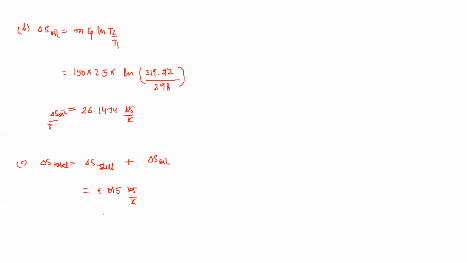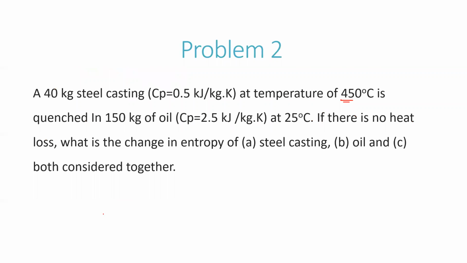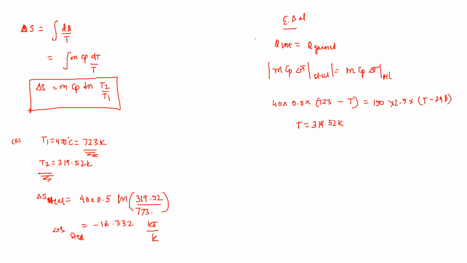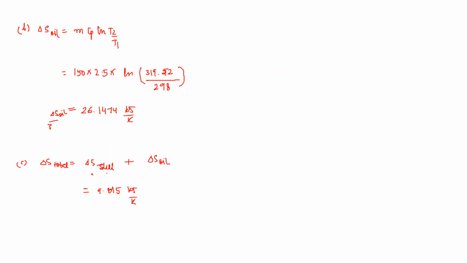So when you have two components in your system, steel and oil, you first of all conduct an energy balance to achieve the final temperature which the system has attained. After this energy balance, when you get the final temperature, then you find the entropy change. So entropy change for the entire system is going to be entropy change for each component added to each other.